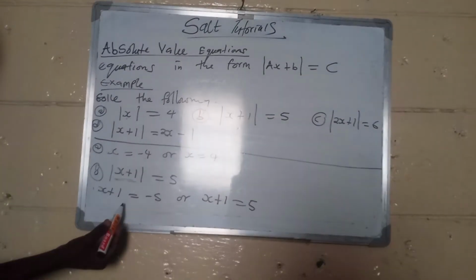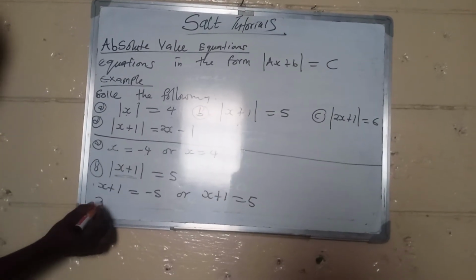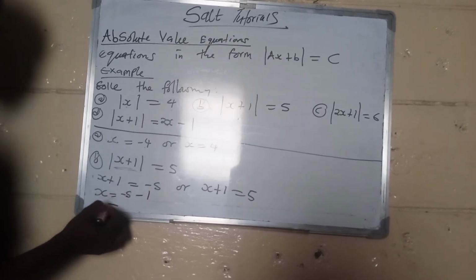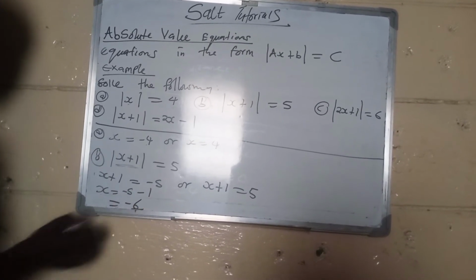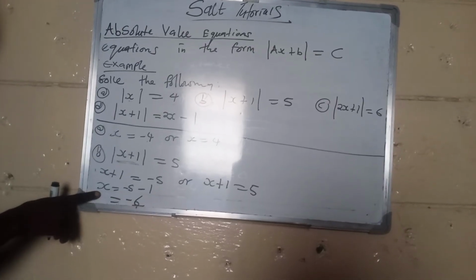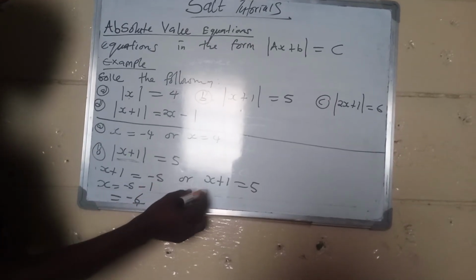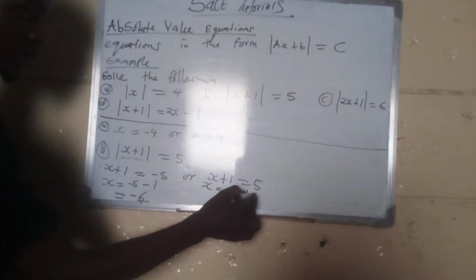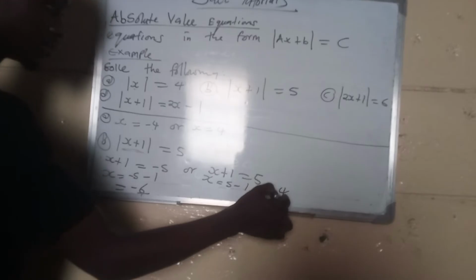We're solving for x in this case. This is linear, where x is equal to -5 minus 1, which gives us -6. So the first value of x is -6. What about the other value of x? We're told that x is equal to 5 minus 1, which gives us a 4.